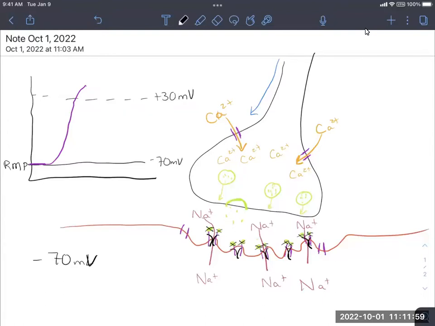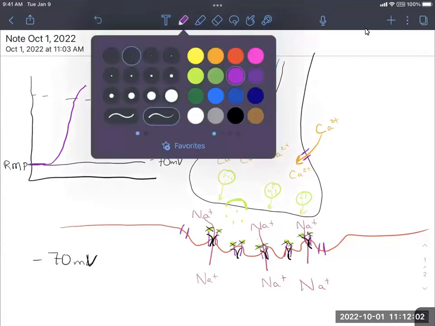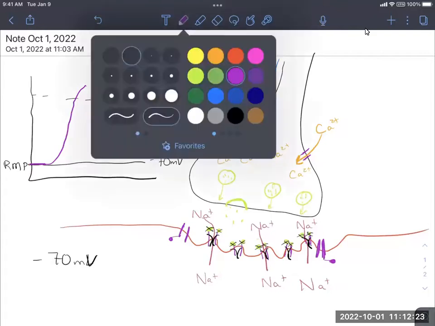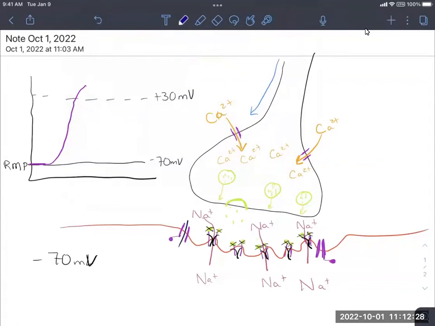So what happens is the voltage-gated ion channels that we have. These things are the ones that look like a ball on a chain. Really what it looks like. These channels are going to open and potassium is going to flow out.